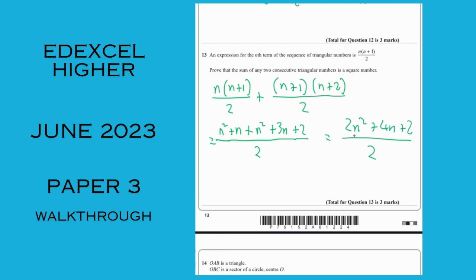They all happen to be multiples of 2. So we can divide everything by 2. And oh, look what that is. If we factorise this, it's n plus 1, n plus 1. Bosh, it's indeed a square number.